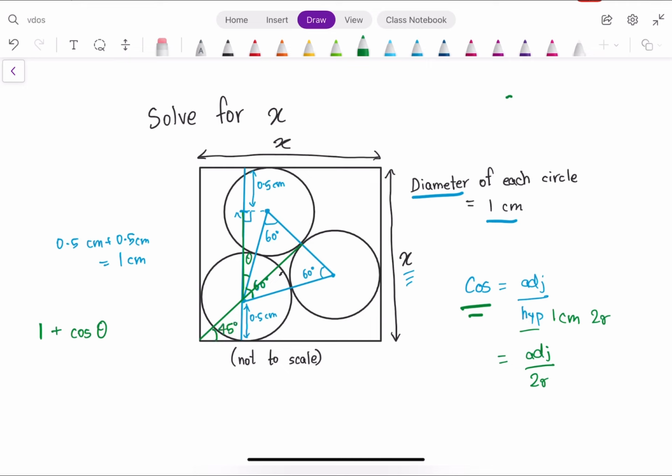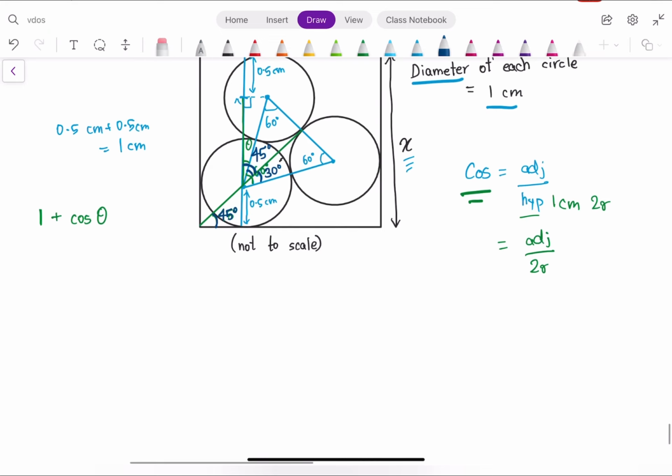Which causes this angle, I'll use a different color here, to also have to be 45 degrees. So we can tell that since this bisects our triangle, this angle right over here has to be 30 degrees. Same goes for the one right here. That's 30 degrees too. So what do we know by this?